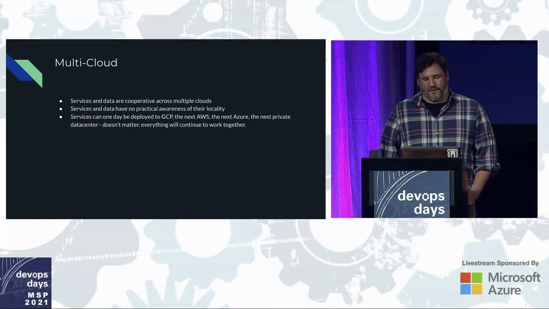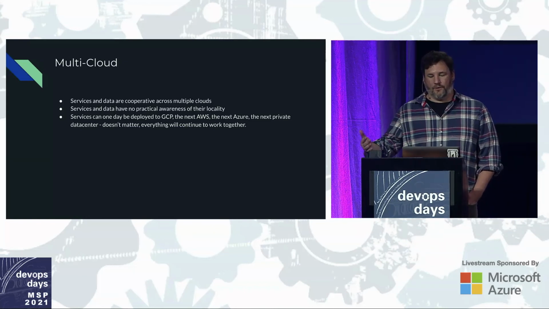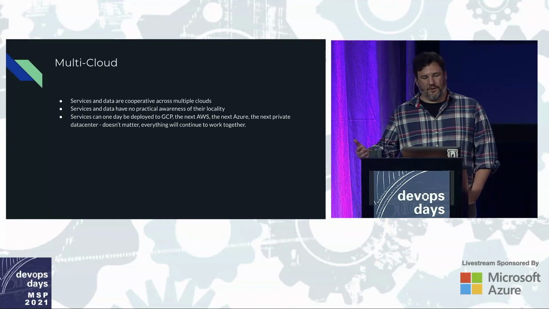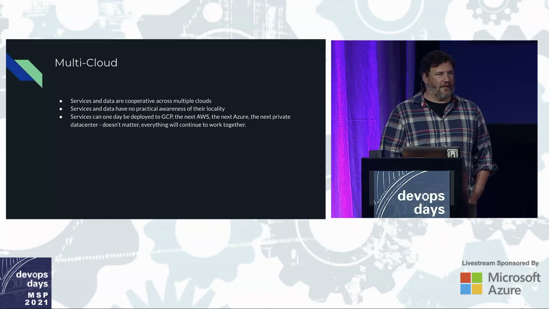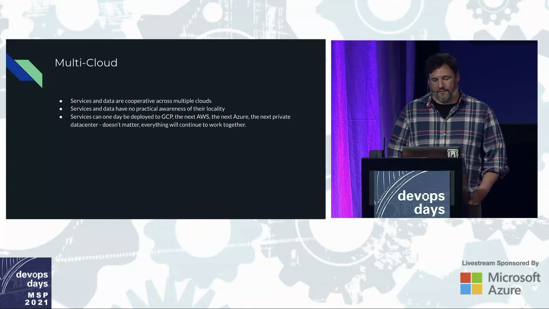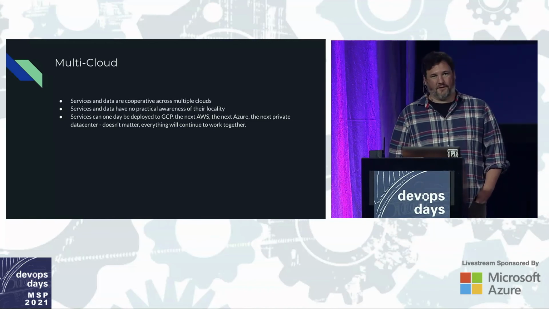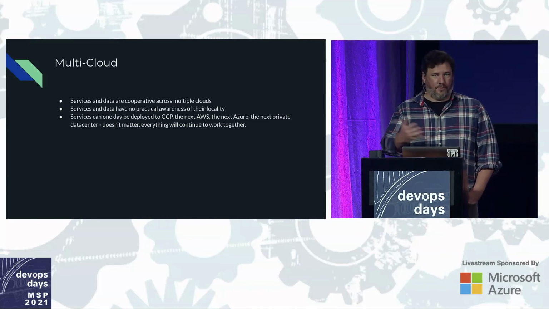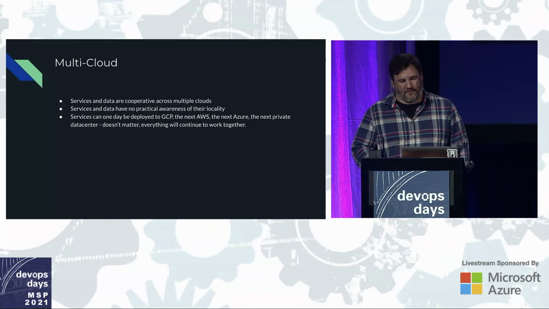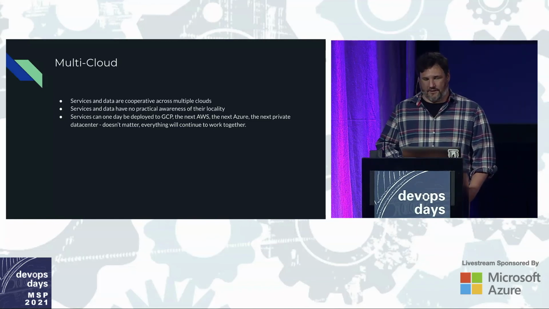So in a pure definition of multi-cloud, you could easily imagine a world where one day a service is deployed to AWS, the next day it's deployed to GCP, the day after that it's running on Azure, and then the following day it's running inside of your private cloud environment. This is without a doubt the hardest configuration to pull off in practice, but I hope through this presentation and conversation to give you some food for thought and talk about how we've managed to do this at Target.